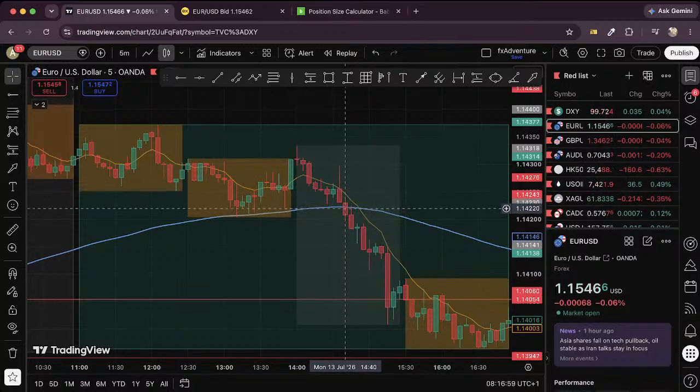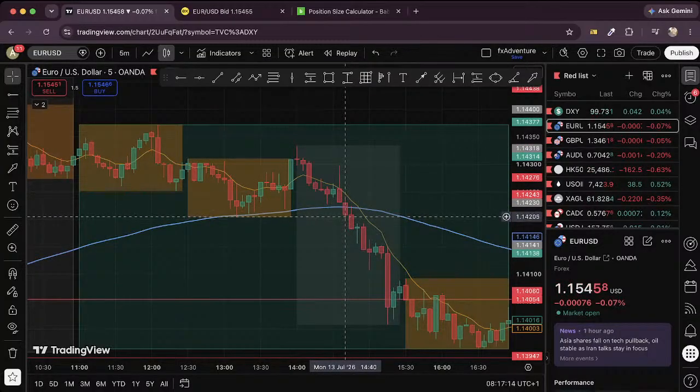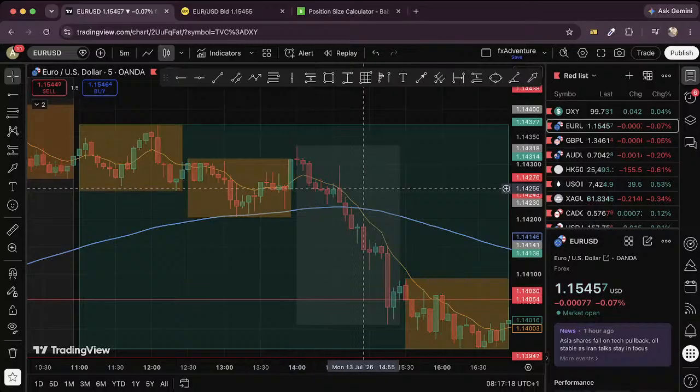Those kind of methods, you can't break it down through the 100 EMA. So this candle touches an area, remember. Your stop loss will now go here.